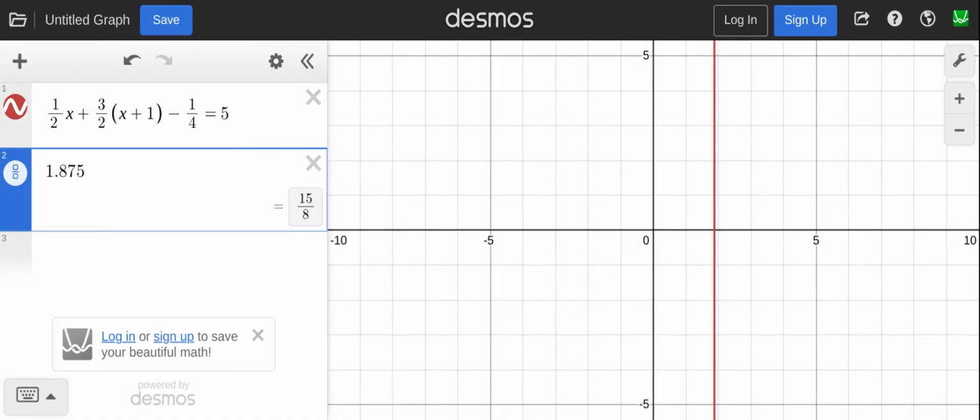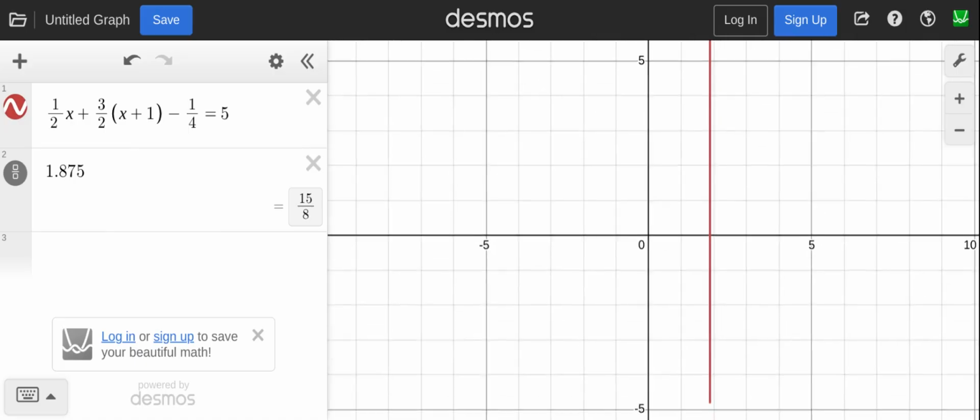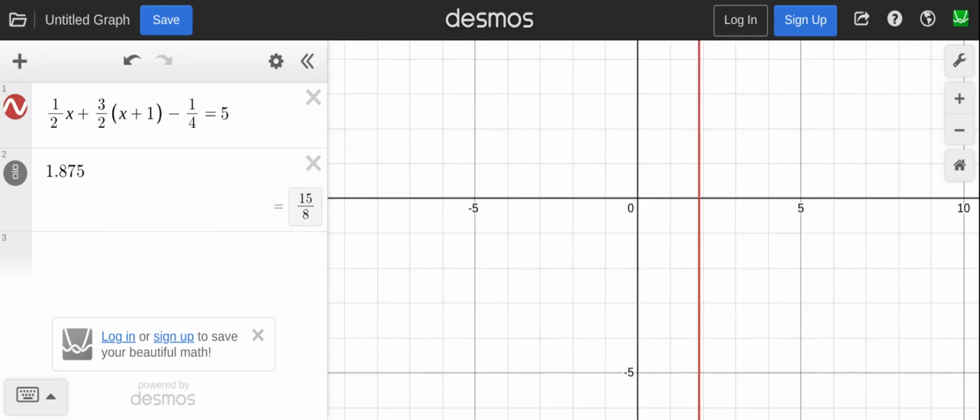I put it in Desmos, and it graphed a line straight up and down. Where it crosses the x-axis is the answer, 1.875. Now, the thing is, your answers were all fractions.